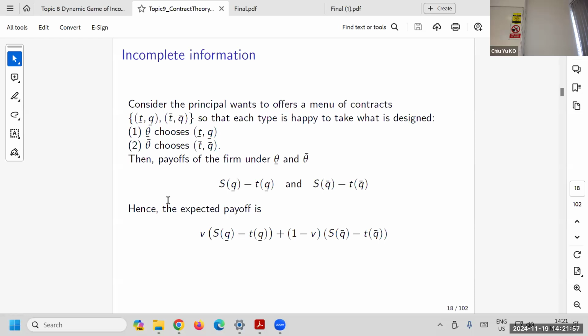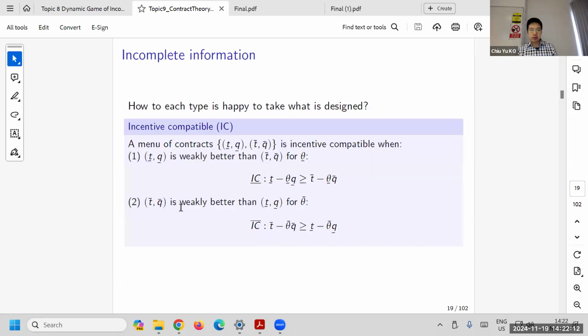Okay, and because under low type this is the low type surplus, high type surplus, the firm is going to maximize this expected surplus.